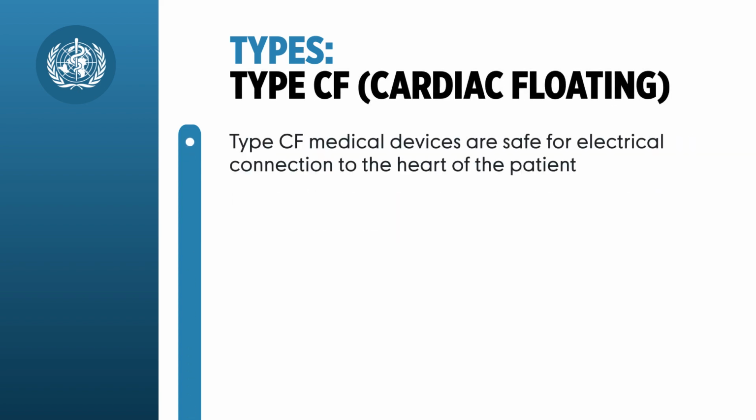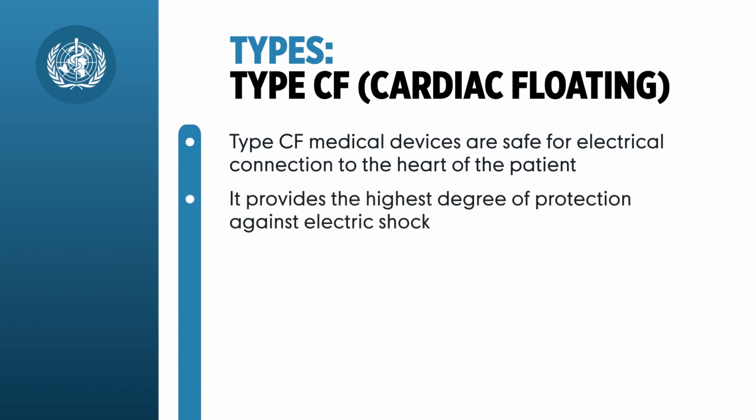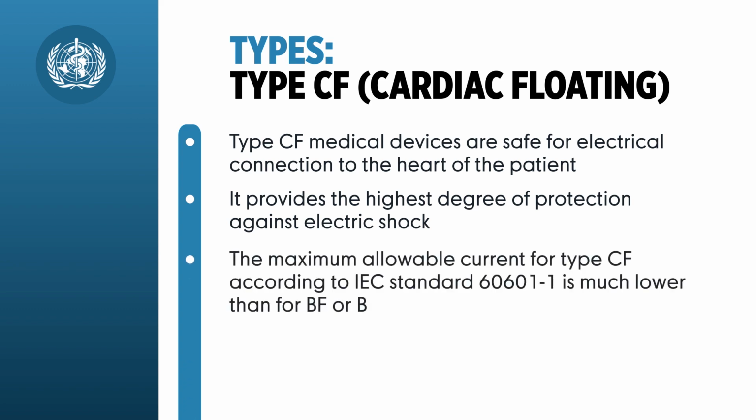Type CF medical devices are safe for electrical connection to the heart of a patient. They provide the highest degree of protection against electric shock. The maximum allowable current for Type CF, according to IEC Standard 60601-1, is much lower than for BF or B.